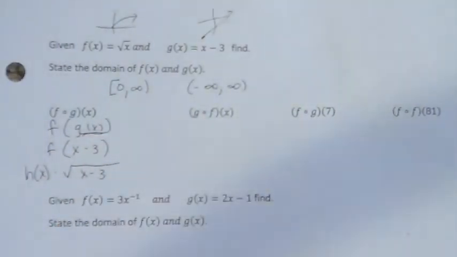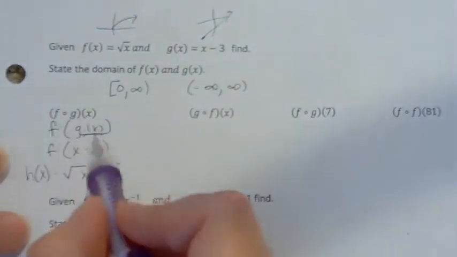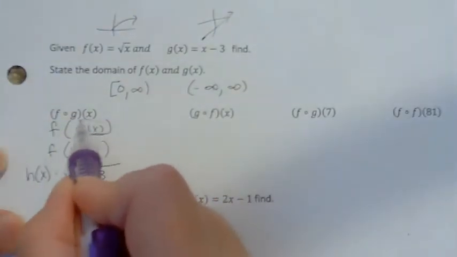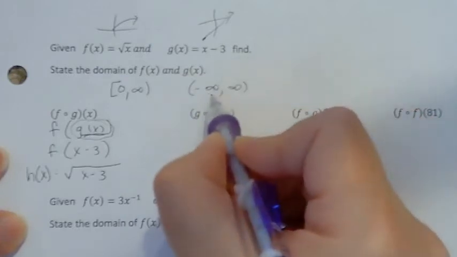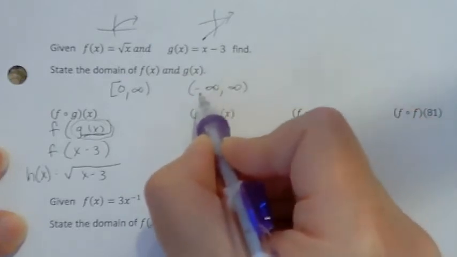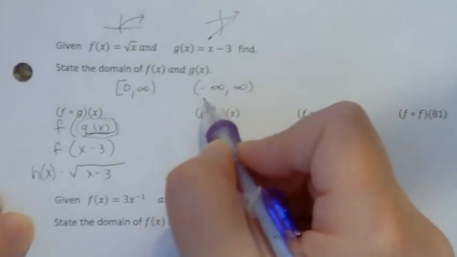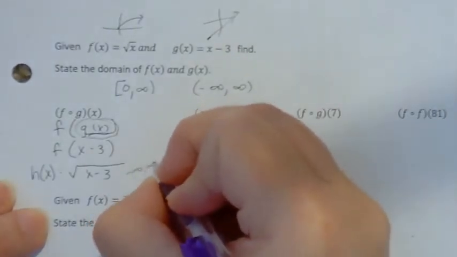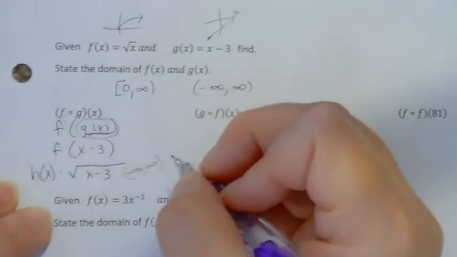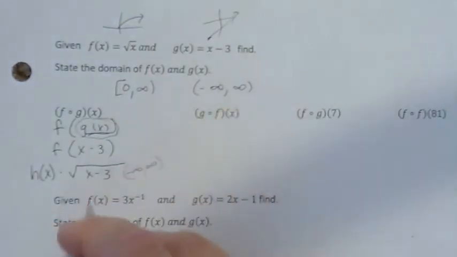Let's talk about the domain though. The domain always starts with the domain of what's inside. And the domain of what's inside here was negative infinity to infinity. So I know that this domain is going to start off as negative infinity to infinity, but I may have to tweak it. So I want to think about, is it okay to have any kind of number I want under a square root?